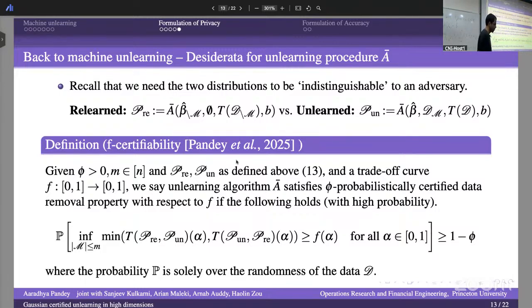Because the only way we know how to achieve privacy is by noise addition, at least in the continuous world, we need to choose the notion of privacy that is optimally achieved by adding noise. And pure epsilon differential privacy is not really optimally achieved by adding noise. So that's the problem.